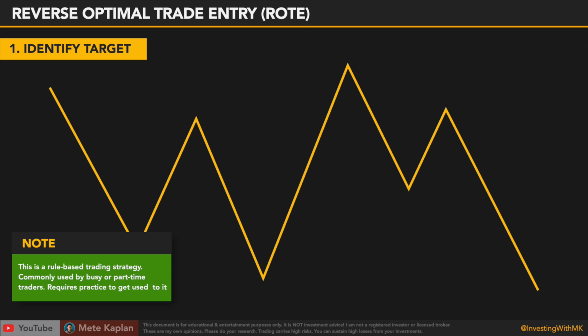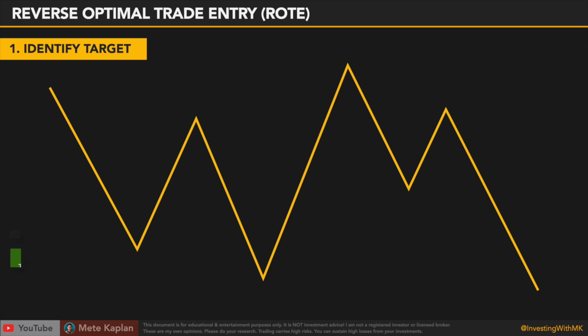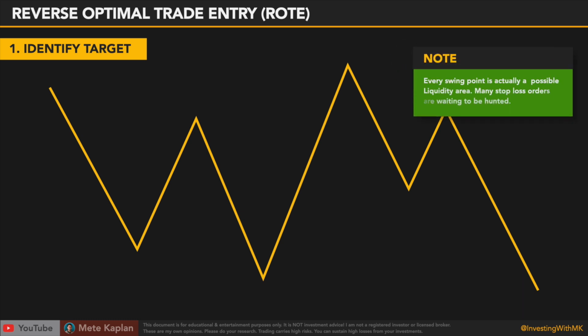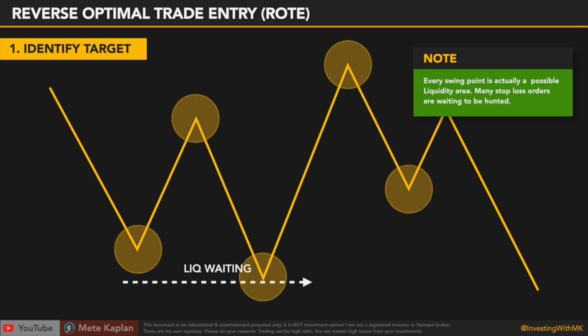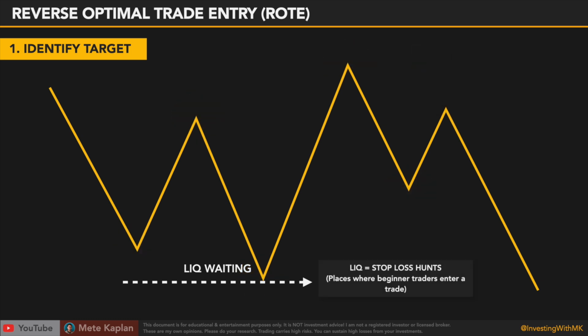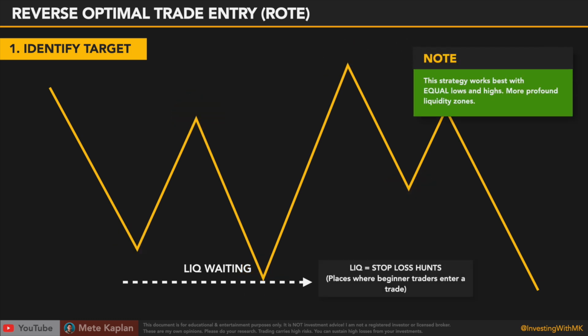Yes, the target. This is why it's called reverse optimal trade entry. The most popular and possible target area is liquidity areas, which basically swing highs and lows. However, I have to admit, if you can find equal lows or highs, this strategy works even better.